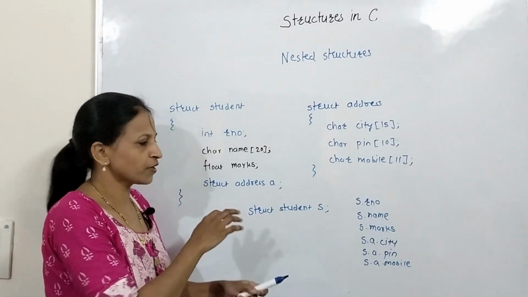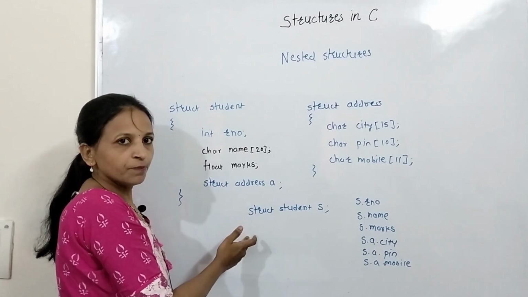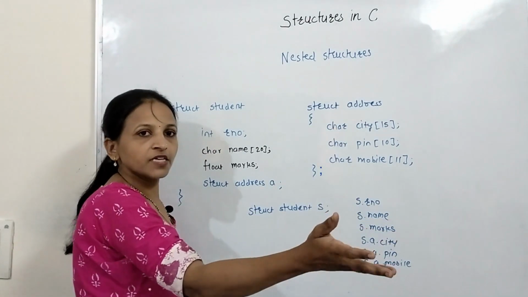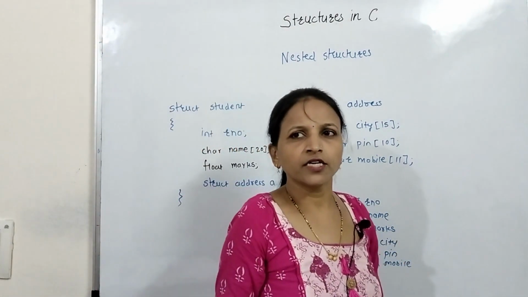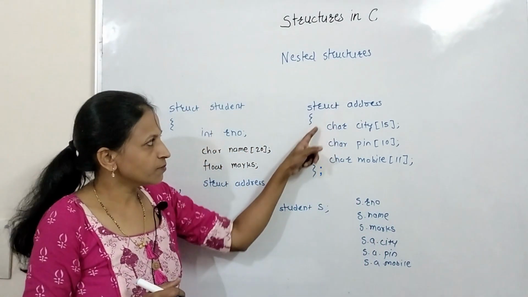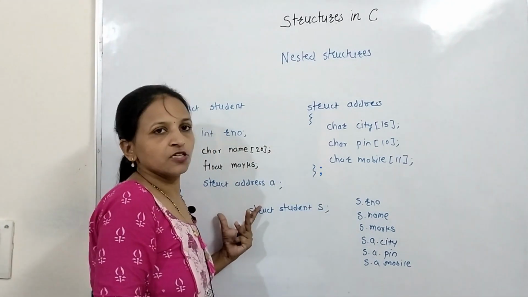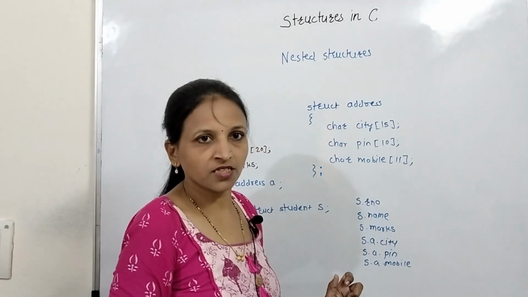Here you can also write character, city, pin and address, mobile, but to distinguish that it is an address. Now this structure you can use again in any other structure also. Like if you are creating a structure for storing data about an employee, then the same structure you can use as a part of that employee structure as well as here. Getting? That's it about nested structure.